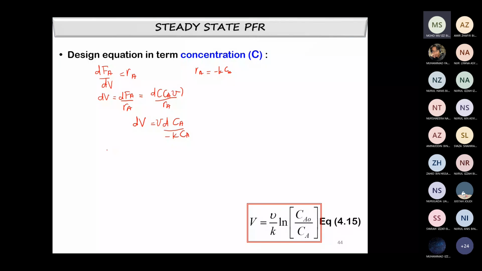Okay, so daripada situ you derive lah which is F dV, V dengan kosong. So we have V, okay, keluarkan juga ni negatif K. Alright, yang tinggal hanyalah F dCA over CA. Okay, so daripada situ kita differentiate, kita integrate lah CA dengan CA0. Okay.